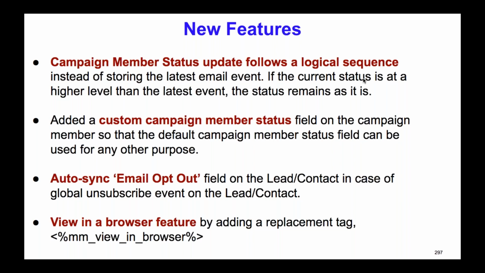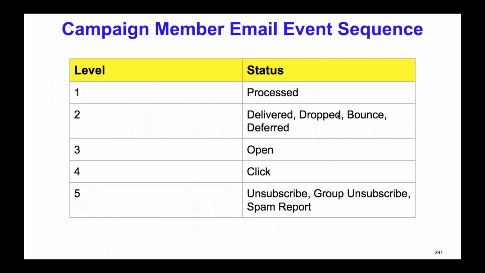So you basically see that the unsubscribe event gets captured after somebody unsubscribed, even if they went back and opened that email, we will not flip back that campaign member status to open, because unsubscribe has got more priority. And similarly, unsubscribe has got more priority than click. So I'll actually take you to another slide quickly so that it makes sense what I'm talking about.